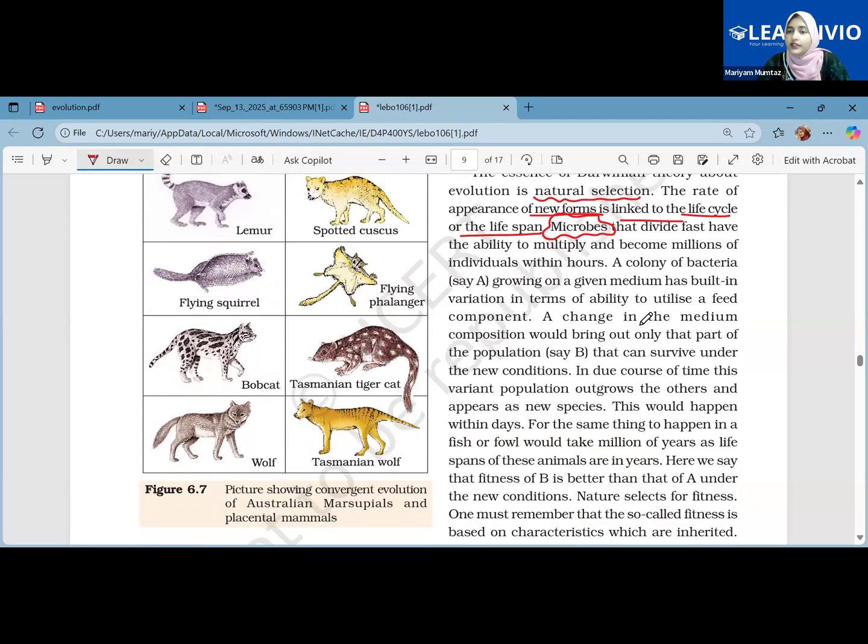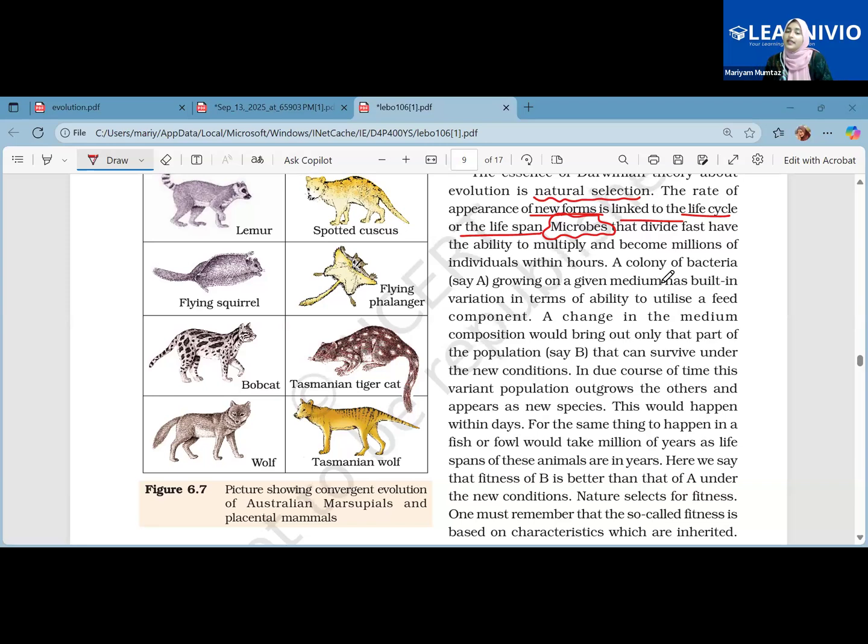So let's say a colony of bacteria A is growing on a given medium, they have the ability to use the medium and they'll grow more. And out of that, population B can survive under new conditions. So this population will outgrow the other population and become a new species in themselves. This would happen within days because their lifespan is very, very short.